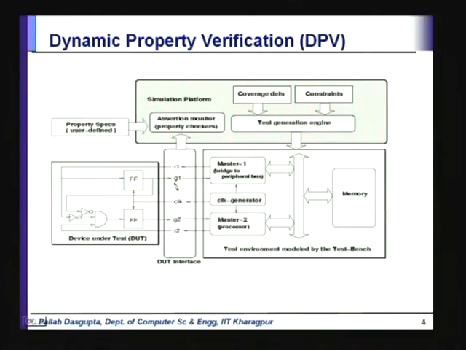Now, the important thing that we must realize is that because dynamic property verification is there, people write assertions anyway. So, you write the code of an arbiter and just spray it with some properties, like two outputs should not be asserted at the same time.